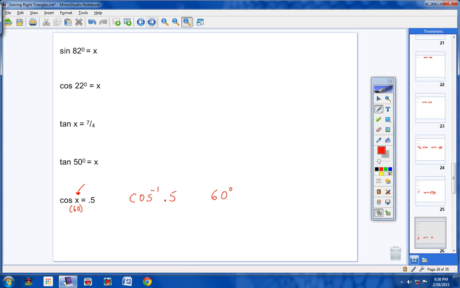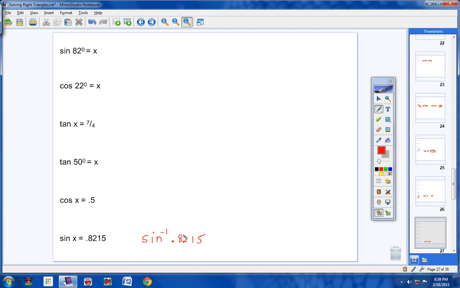Alright, let's continue on. Last one. I have one question for you. Am I missing an angle, or am I not missing an angle? Yes, I'm missing an angle right here, the sine of some angle. So I'm going to use my inverse sine button. So I'm going to type inverse sine, and then 0.8215.